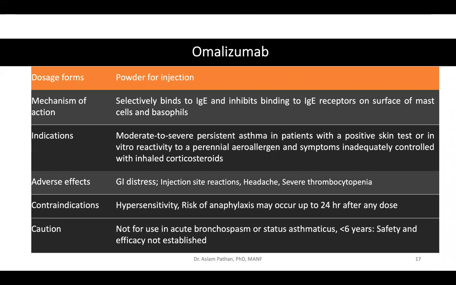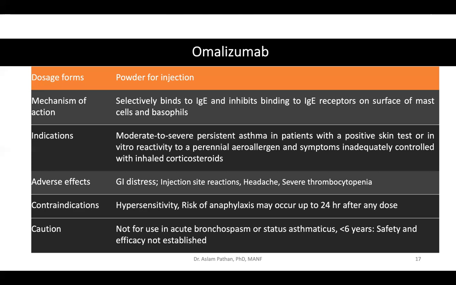Omalizumab is a monoclonal antibody used in moderate to severe persistent asthma in patients with a positive skin test or in vitro reactivity to a perennial aeroallergen and symptoms inadequately controlled with inhaled corticosteroids. Please remember, omalizumab is not a first line therapy.